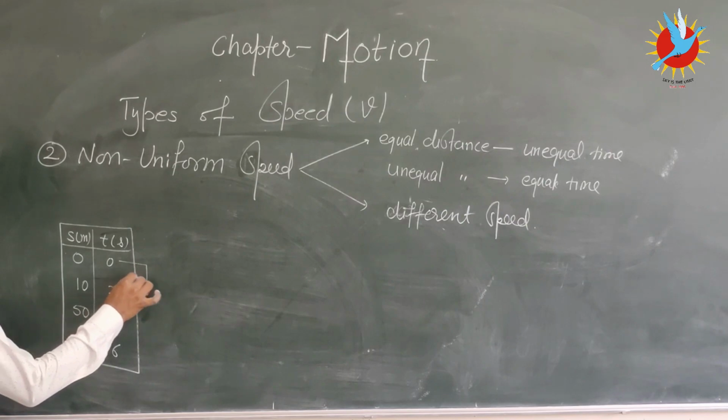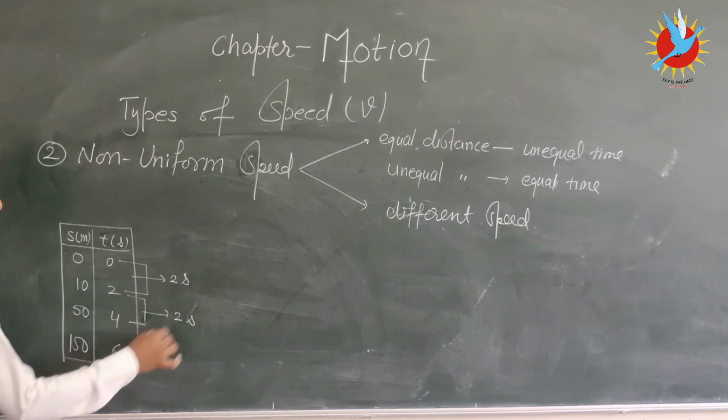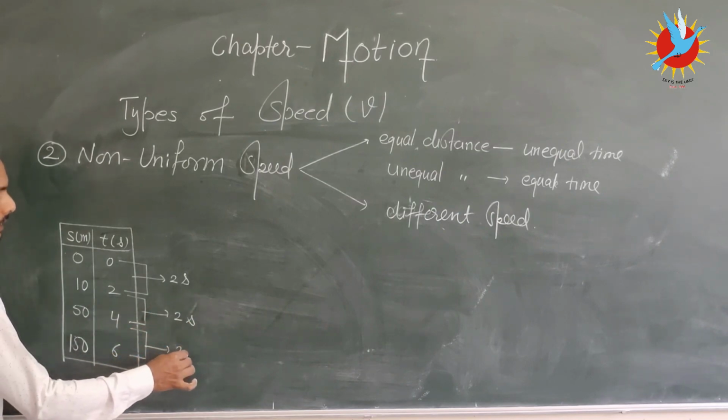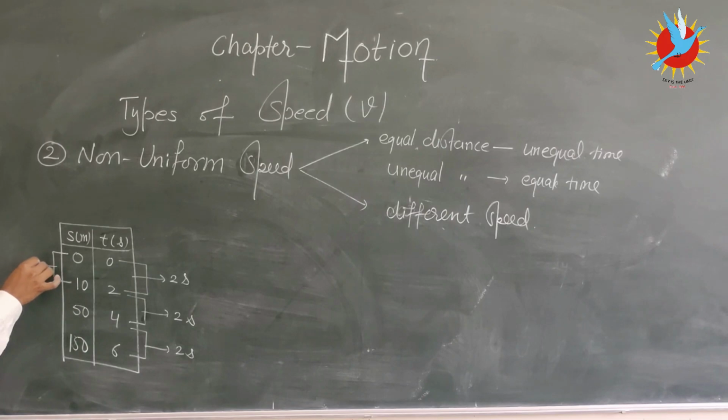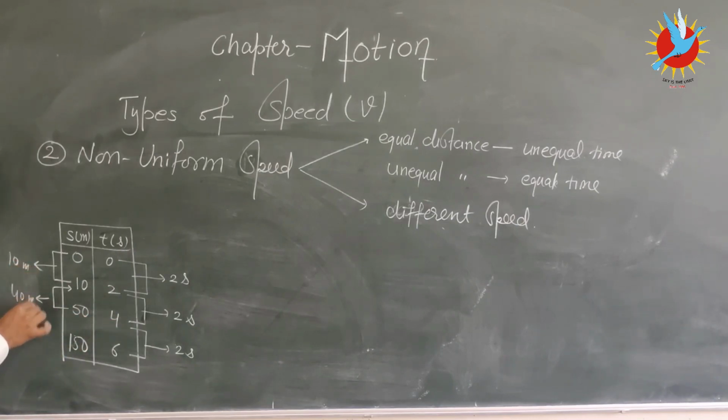The time interval is 2 seconds each. In the first 2 seconds it covers 10 minus 0, which is 10 meters. In the next 2 seconds it covers 50 minus 10, which is 40 meters. In the next 2 seconds it covers 150 minus 50, which is 100 meters.